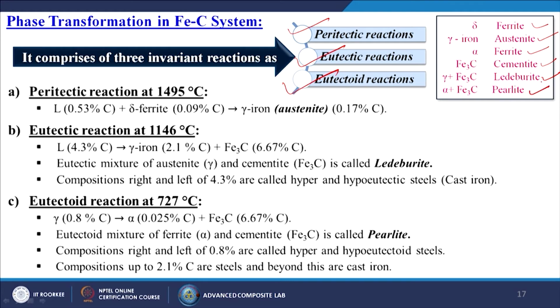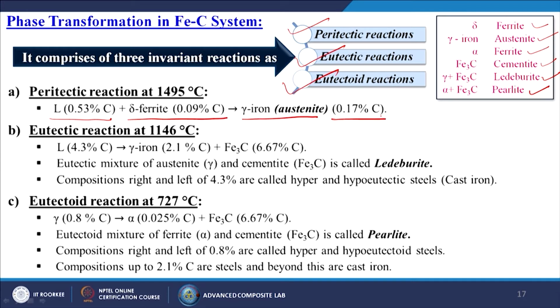What is the peritectic reaction at 1495 degrees centigrade? Liquid with 0.53% C plus delta ferrite with 0.09% C converts into gamma iron, austenite, which has 0.17% C.